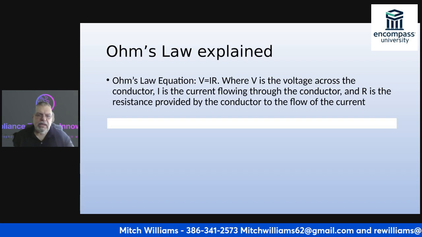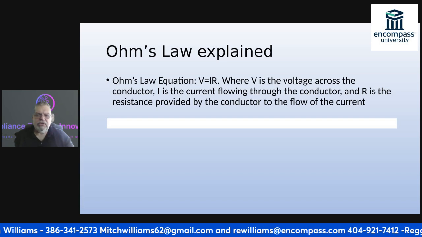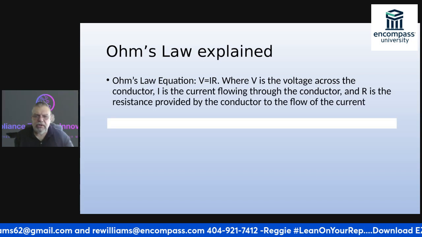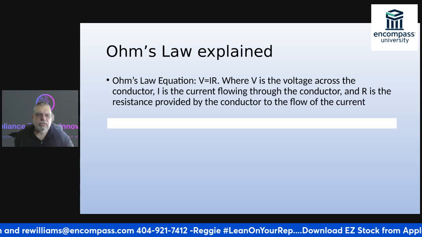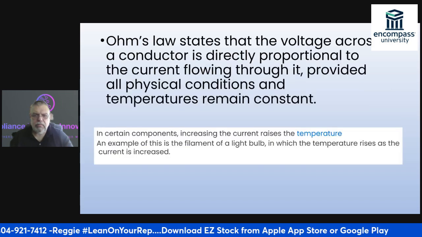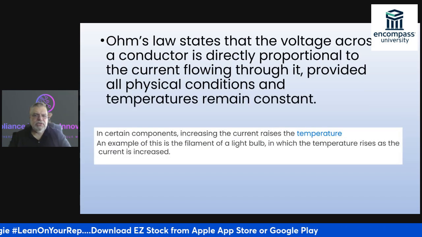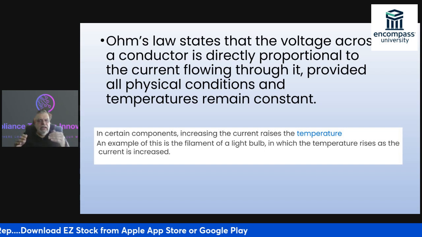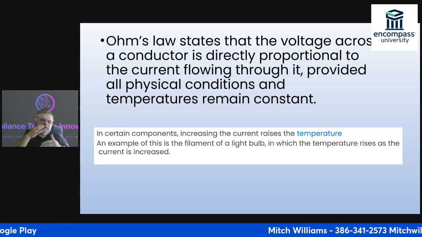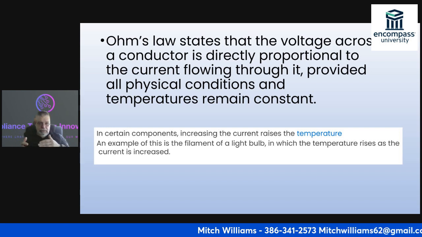So once again, V equals IR, where V is the voltage across the conductor, I is the current flowing through the conductor, and R is the resistance provided by the conductor. It is directly proportional to the current flowing through it, provided all physical conditions and temperatures remain constant.